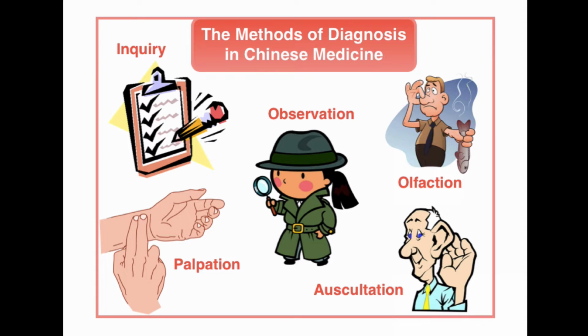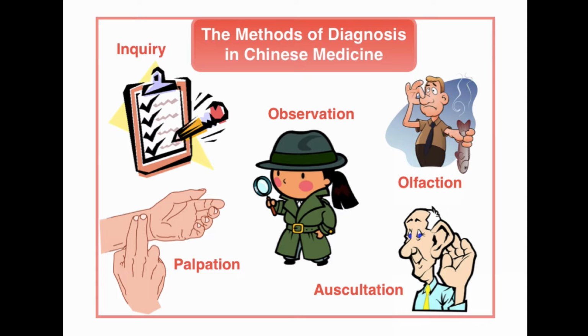And then the last 2, which are not as big, but they're still very important as well, not as emphasized as the other ones, but a big small part, if you will, of TCM diagnosis. So olfaction or smelling is a small part of TCM, but it still should not be overlooked. And sometimes if a patient has a sweet smell, it may help us look for clues for diabetes, for example.